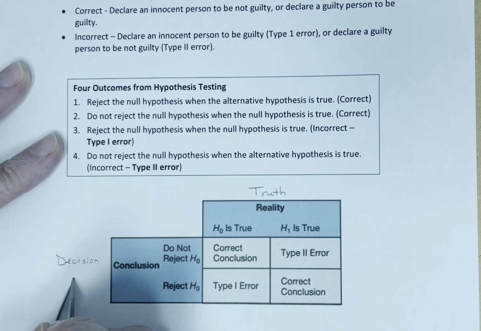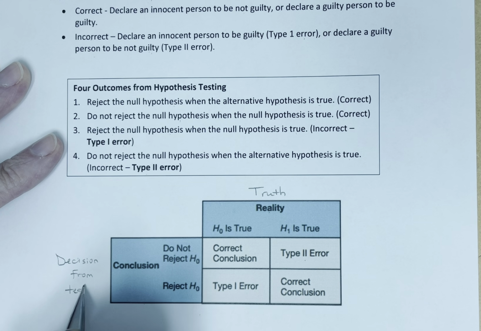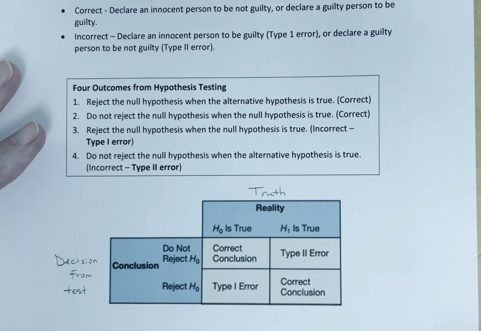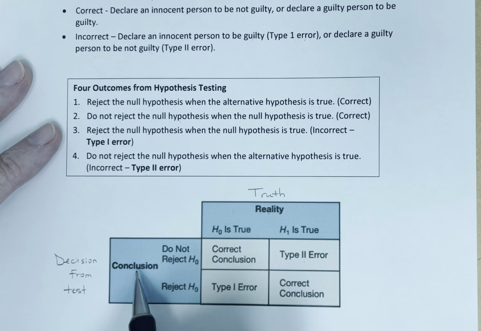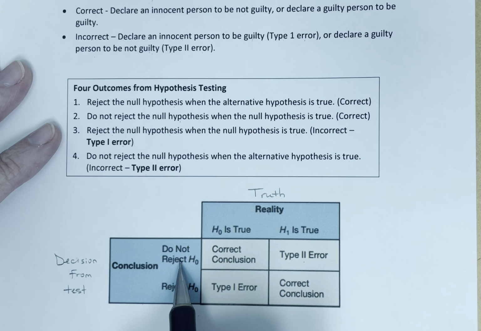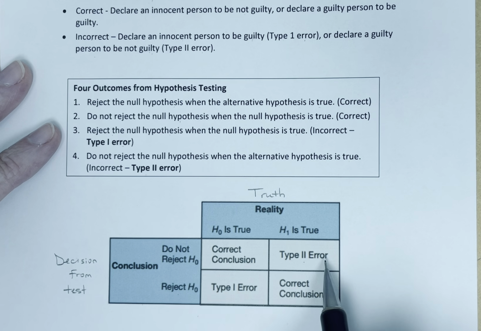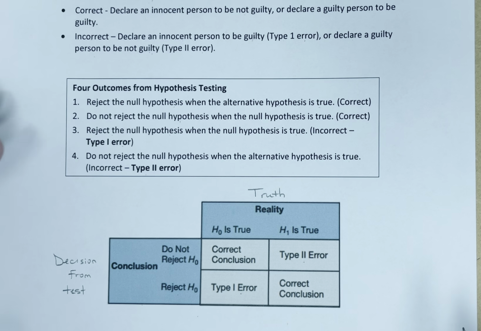In our case, it'll be from the test, but in the trial example, the decision from all the evidence. And the conclusion is either we do not reject the null hypothesis or we do reject the null hypothesis. And our rows and our columns match up with correct conclusions that we've talked about, the type 1 error and the type 2 error we're dealing with.